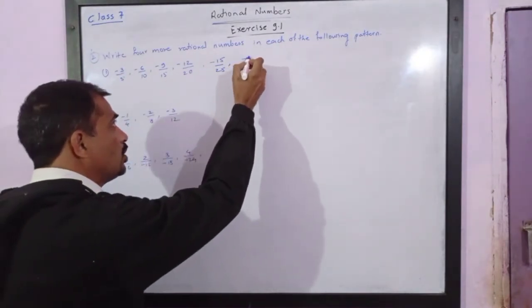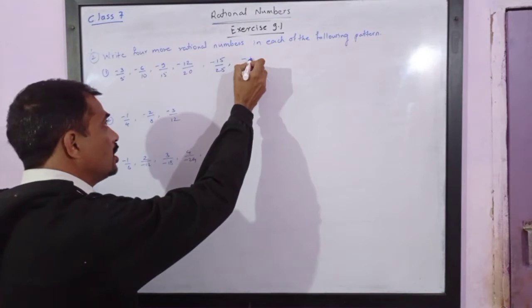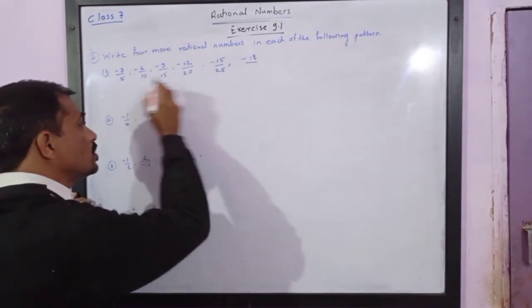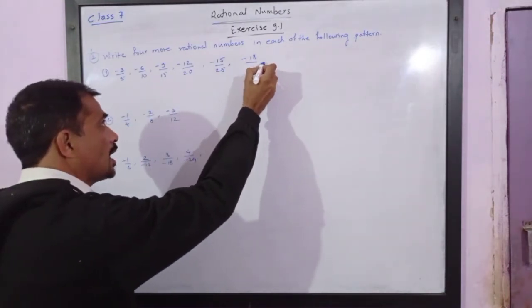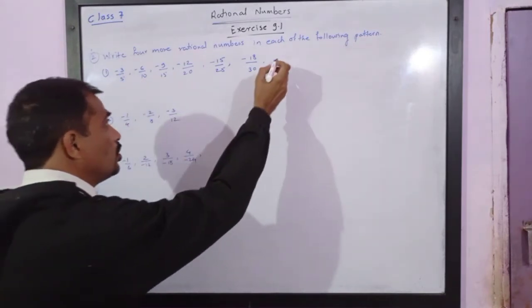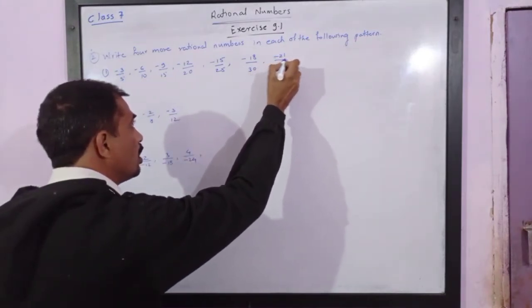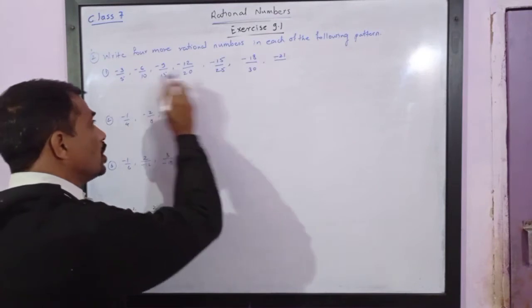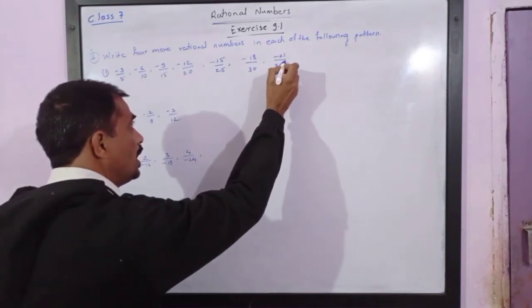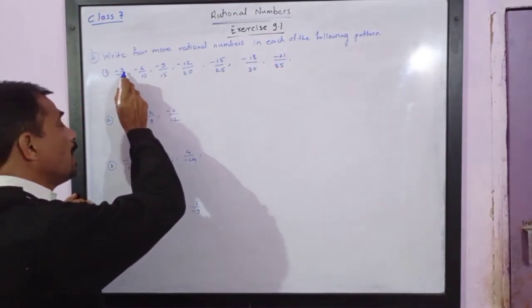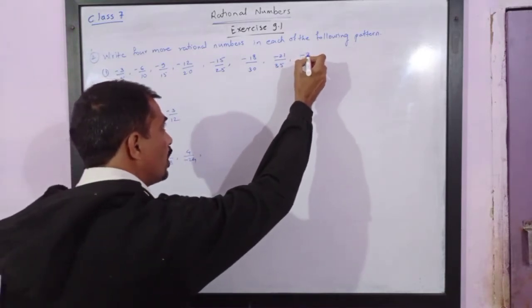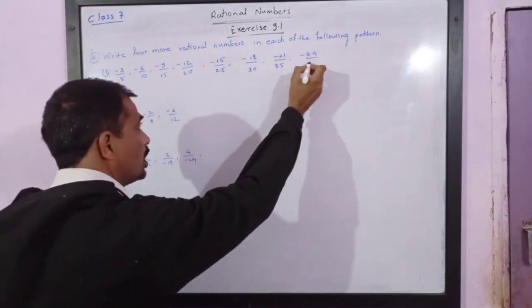You will get negative 6 3s are 18 upon negative 6 5s are 30. Next can be obtained by multiplying by 7. You will get negative 21 upon negative 35. Then next can be obtained by multiplying by 8. You will get negative 24 upon 40.